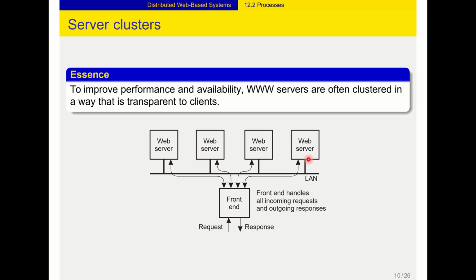Basically, when you have multiple web servers, we can have a front end to redirect client requests to one of the web server replicas. This figure shows the use of server clusters in combination with a front end to implement a web service. In a distributed web-based system, the front end acts like a traffic police that directs incoming user requests to different backend servers to prevent any single machine from becoming a bottleneck. So this is the basic concept of a front end.